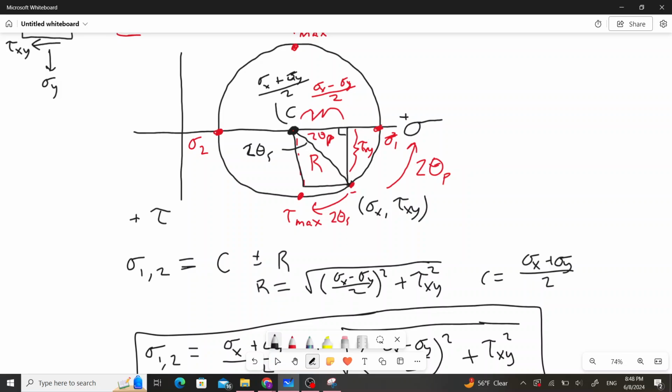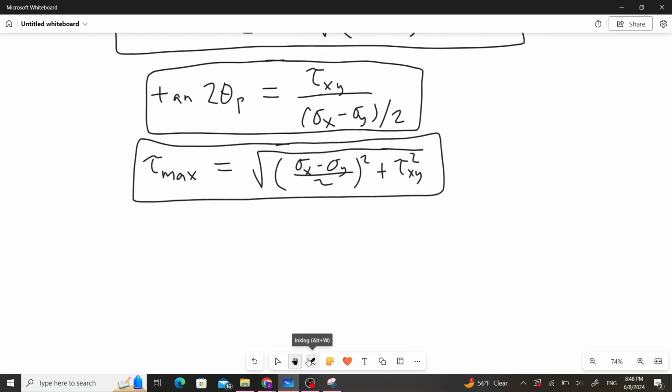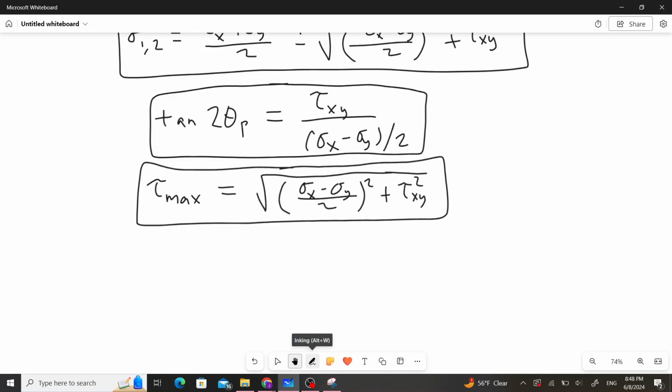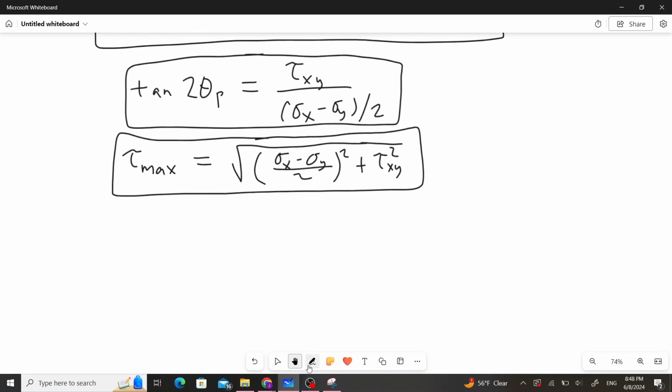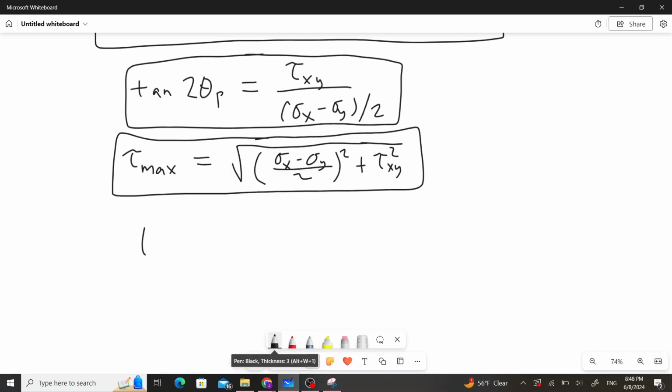Our opposite side is sigma x minus sigma y over 2. Our adjacent side is tau xy. So the only thing that we really need to pay attention to is the signs. So remember we said for this one we're rotating in the negative direction. So we have tan of negative 2 theta s.